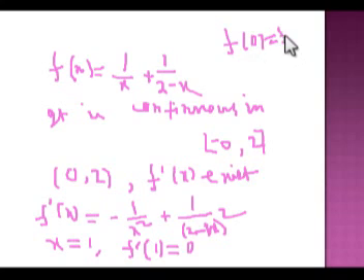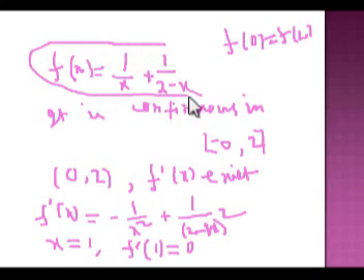But if you look at this function at the points 0 and 2, it is undefined. You cannot say that the converse of Rolle's theorem is always true, because at the points 0 and 2 the function is undefined. So you cannot say these are equal.